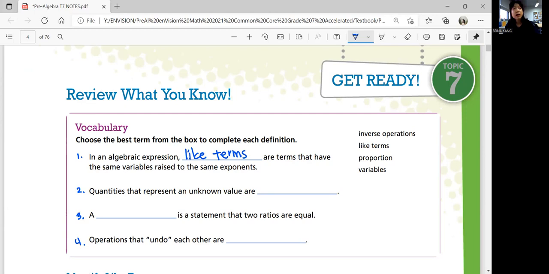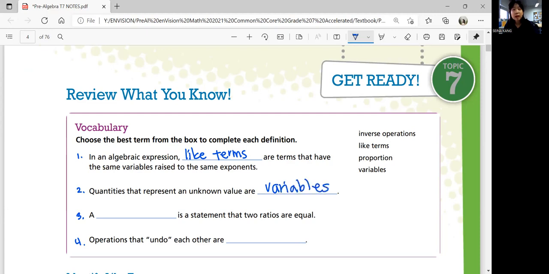These are terms that have the same variables raised to the same exponents, so you can add or subtract these like terms. Number 2, quantities that represent an unknown value are blank. The unknown value that we're usually solving for are the variables.